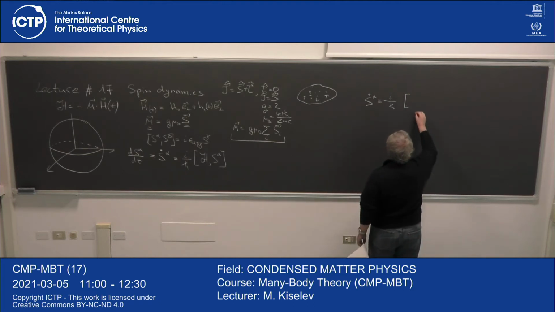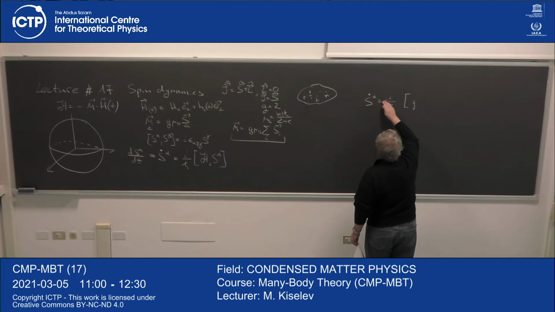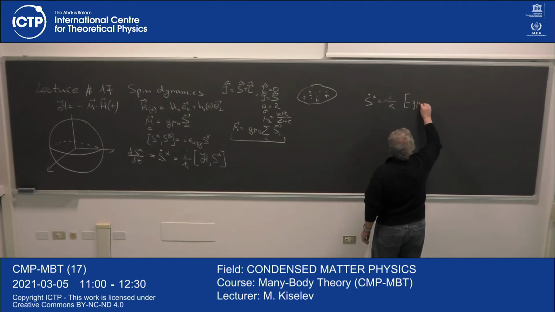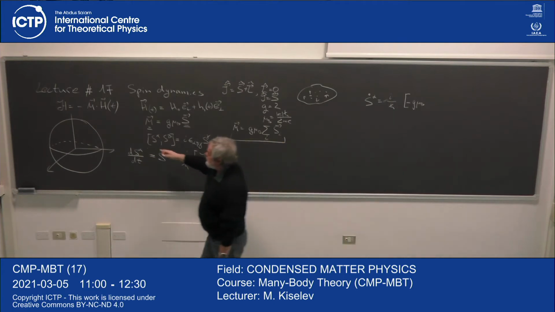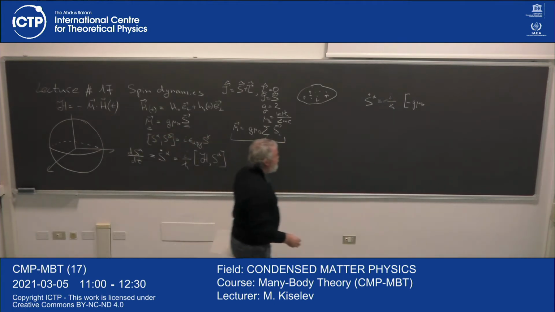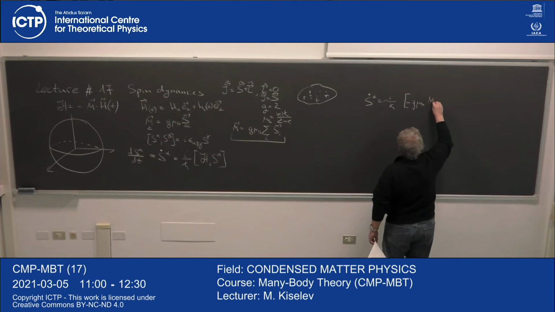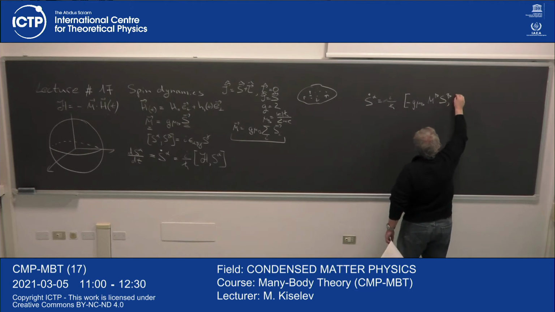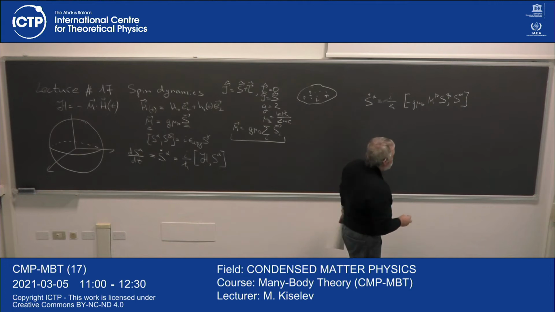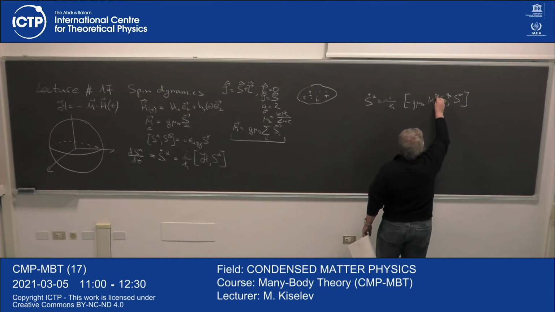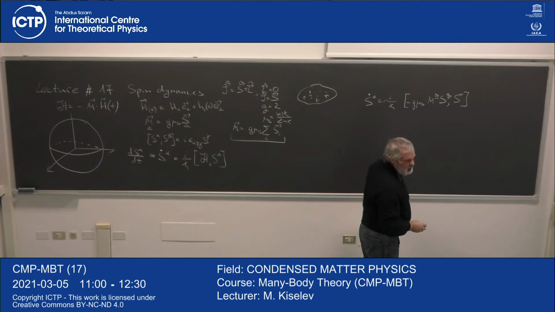So the Hamiltonian is minus g mu Bohr, as I said, I will write the scalar product as M beta S beta, and S alpha. So I remind you of Einstein notation. When I'm writing two repeating indices, it assumes summation over these repeating indices.